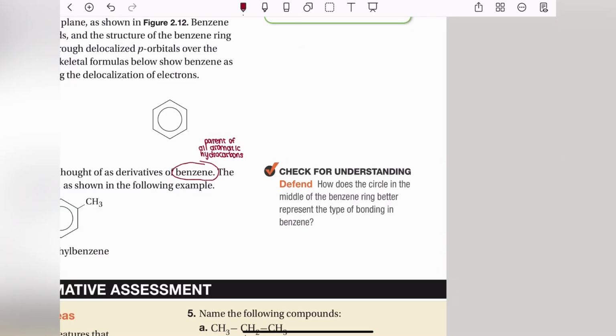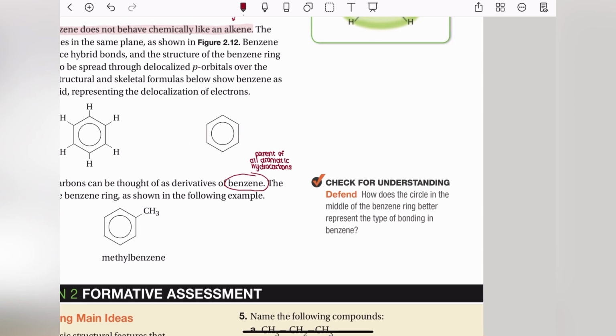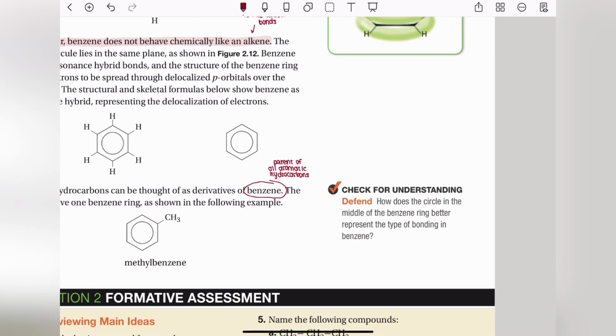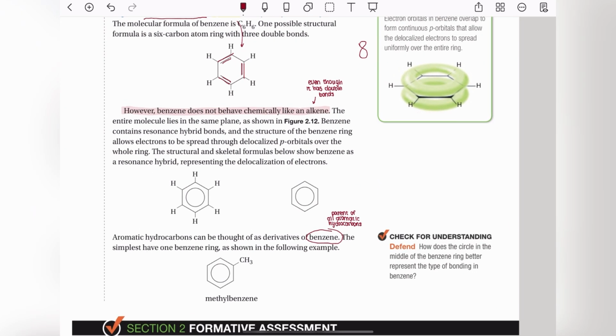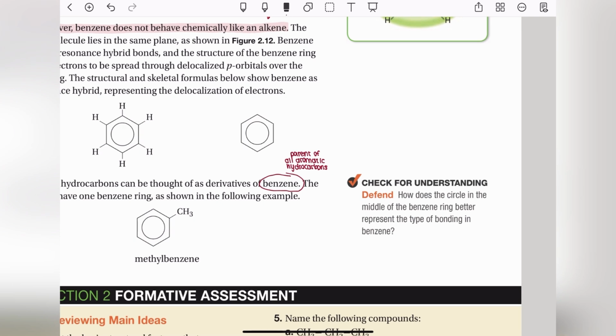Let's answer this check for understanding question. How does the circle in the middle of the benzene ring better represent the type of bonding in benzene? So these double bonds, they don't disappear, they're just combined into this circle in the middle. And we're asked about the advantage of this ring, like how does it better represent the type of bonding.